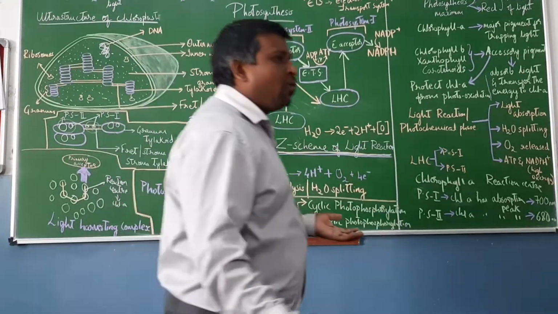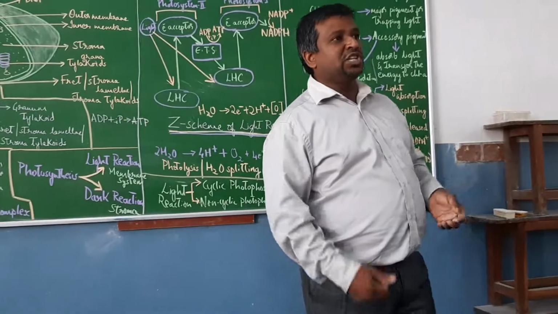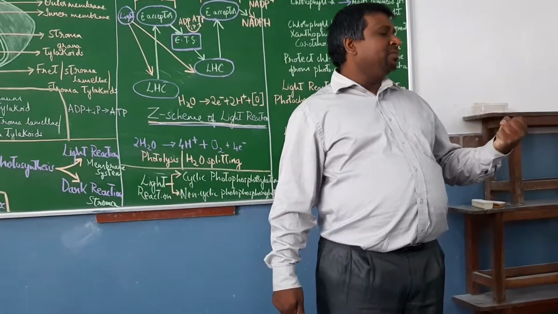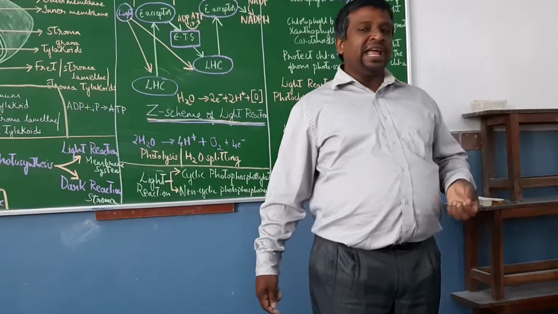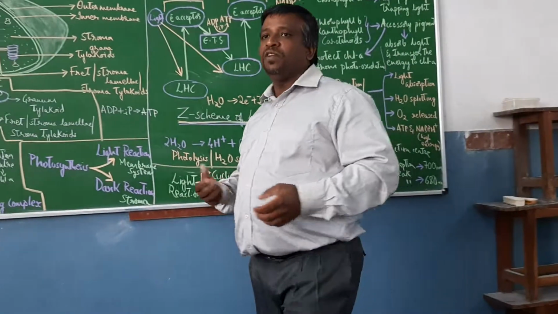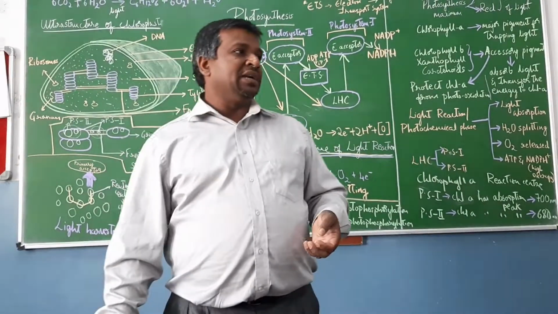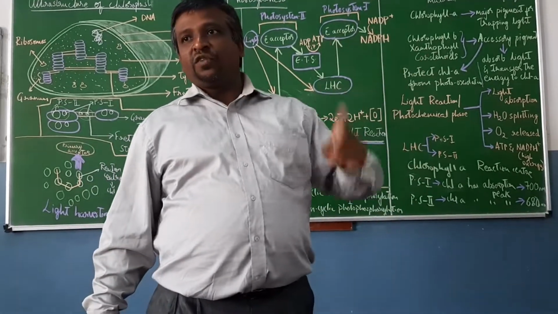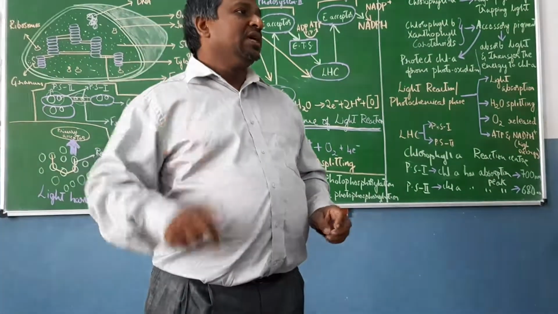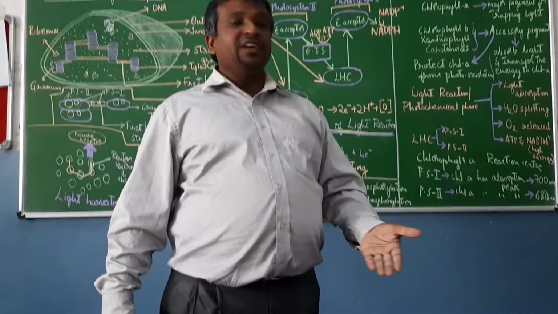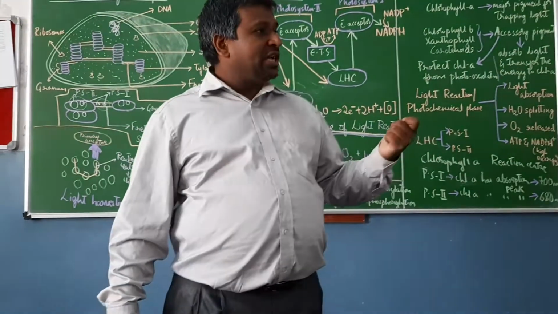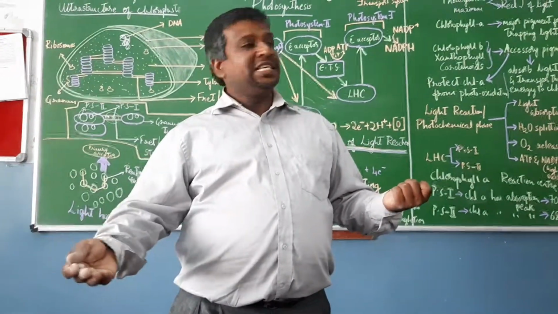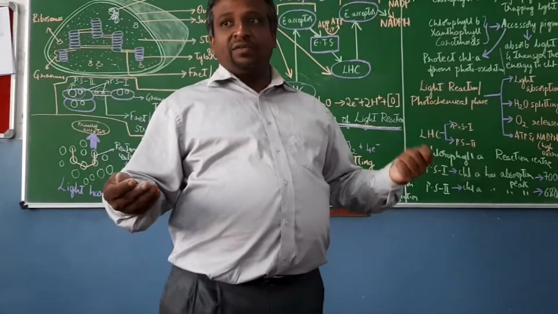Sometimes they ask you the differences between photosystem 1 and photosystem 2. Photosystem 1 can absorb light at 700 nanometer. Photosystem 2 can absorb light only at 680 nanometer. Photosystem 1 is involved in both non-cyclic and cyclic photophosphorylation. Photosystem 2 is involved only in non-cyclic photophosphorylation. Photosystem 1 has a reaction center of chlorophyll A which absorbs 700 nanometer.